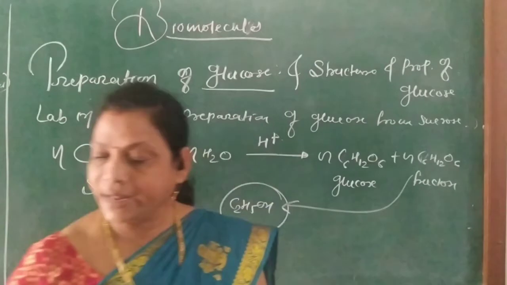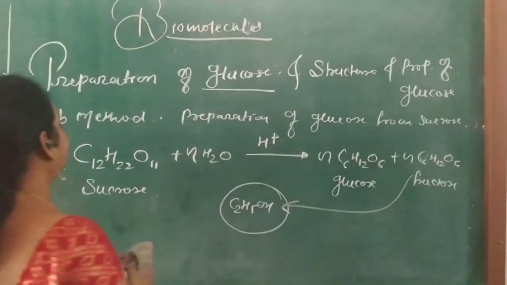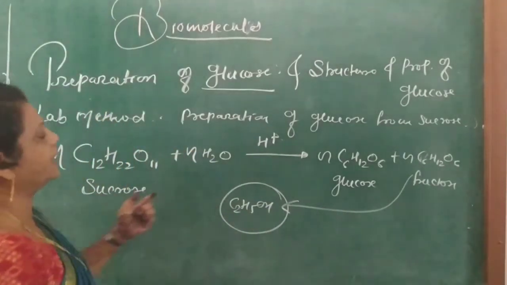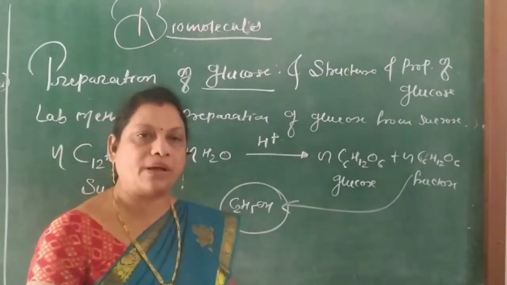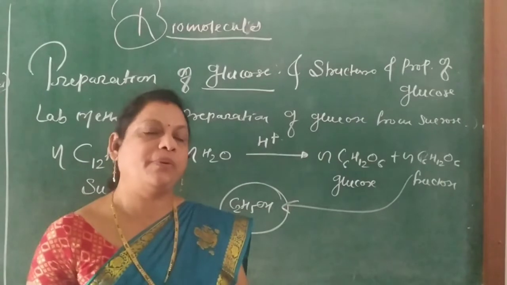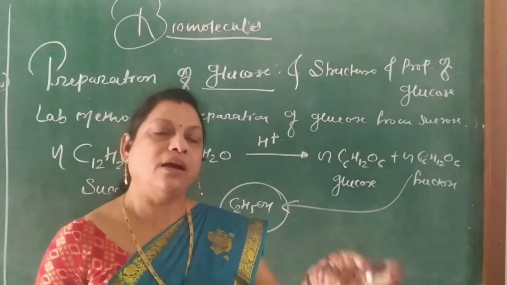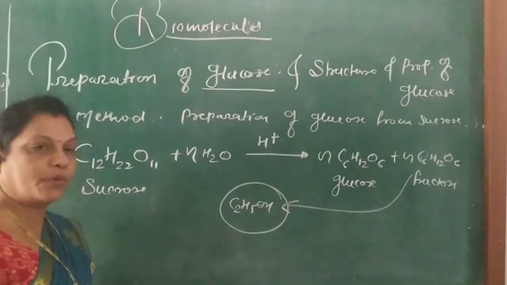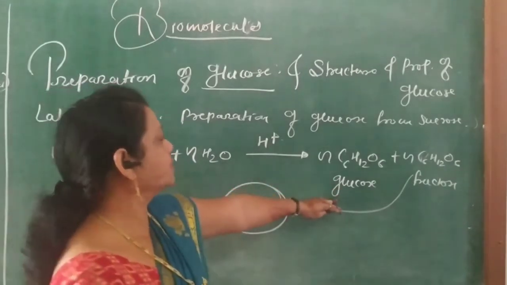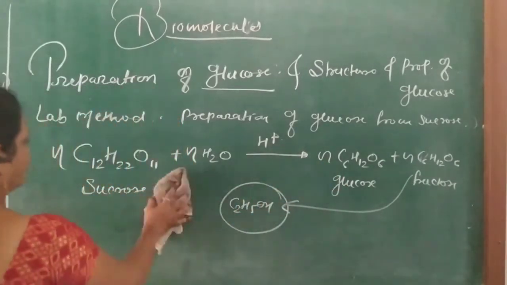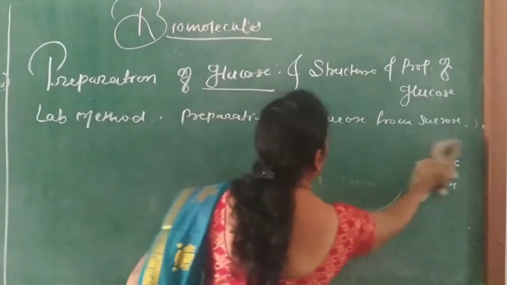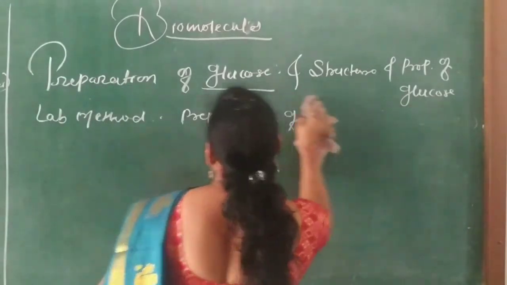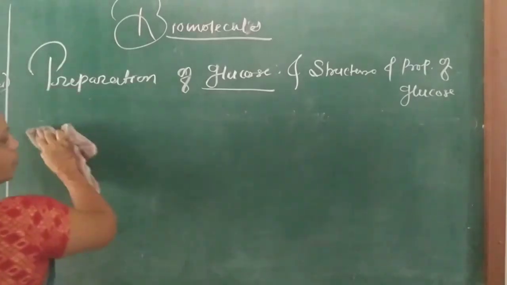Then after recrystallization and repurification, unreacted H2SO4 is removed by adding some calcium carbonate to form calcium sulfate, and after filtration the unreacted sulfuric acid, which is harmful for the glucose, can be removed.